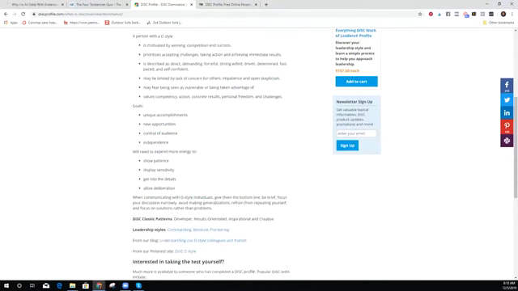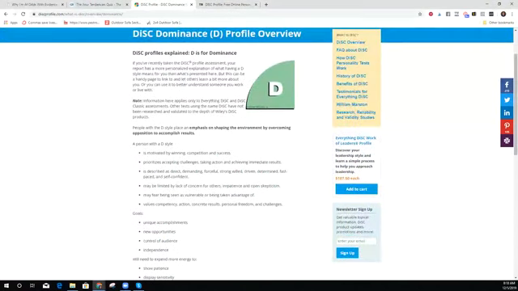Now, people who are in leadership roles tend to be, if you are a D, a lot of times being a supervisor who oversees things is a really good role for you. There are people who are high Ds that are good clinicians as well. You just have to figure out how to motivate yourself.